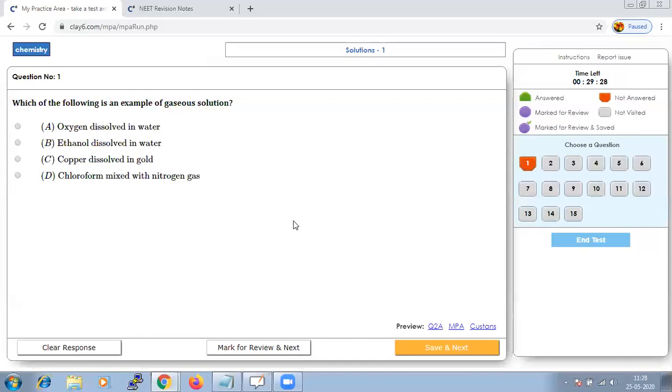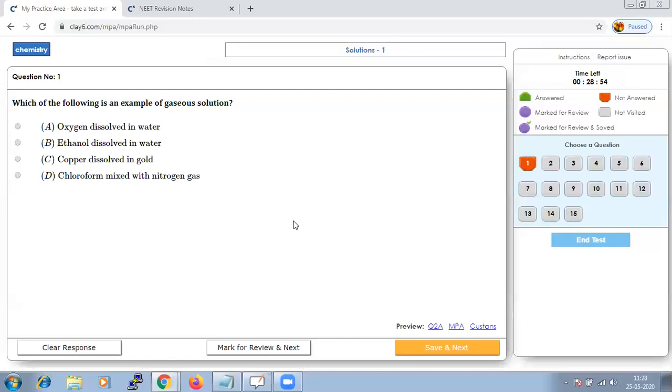So you should know the different combinations of solute and solvent. Suppose we say gas and solid, and those types of combinations, do remember the names given to them. But here, when we are talking about the gaseous solution, it means that the solute as well as the solvent should be in gas phase.